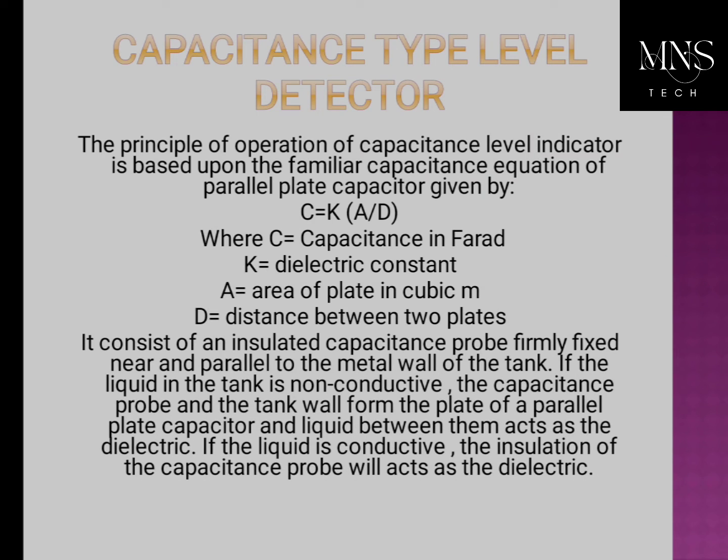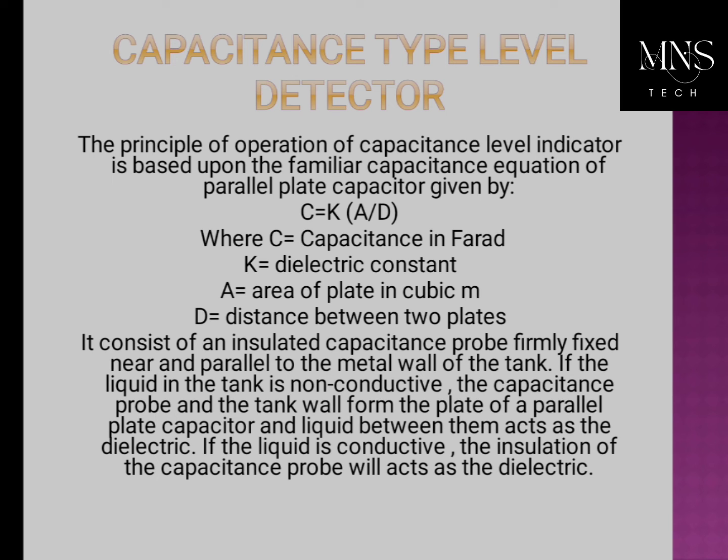Capacitance type level detectors. The principle of operation of capacitance level indicator is based upon the familiar capacitance equation of a parallel plate capacitor, given by C equals K times A over D, where C is capacitance in farad, K is dielectric constant, A is area of plate in square meter, and D is the distance between two plates.